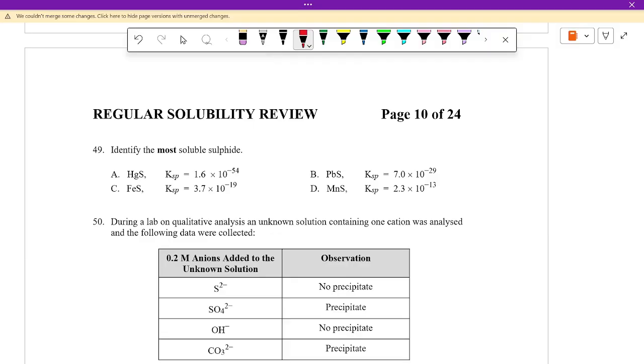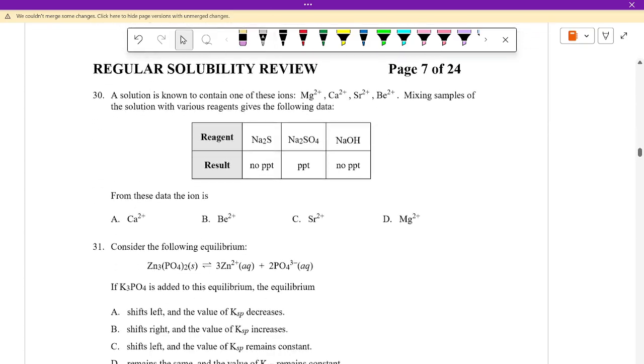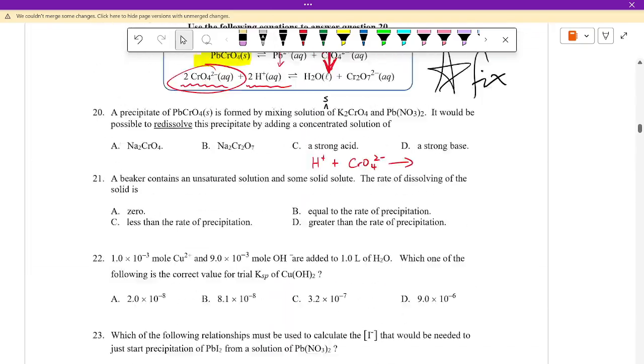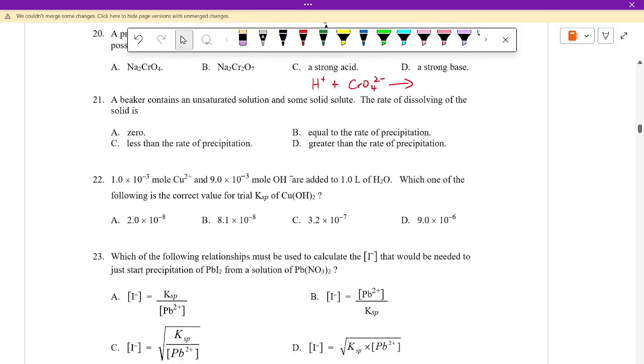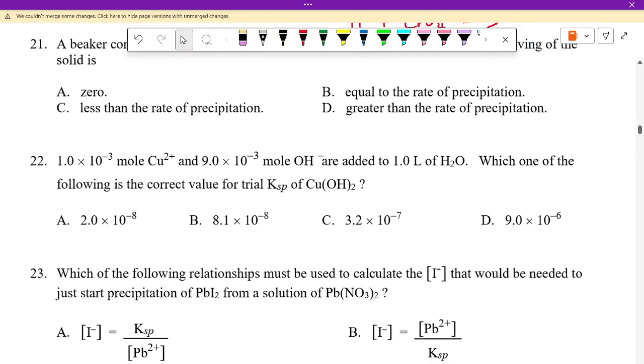22? Yep. For 22, we have 1 mole of copper 2 plus and 9 times 10 to the negative 3 moles of OH minus. What is the correct value for the trial KSP? So Q is equal to copper times hydroxide squared.